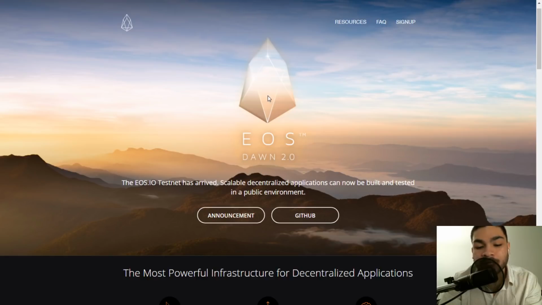So when the EOS software is finally completed, it's going to be available and free for anyone that wants to start their own blockchain or build applications on a massive public EOS blockchain. Right now there's a community of people trying to get together.